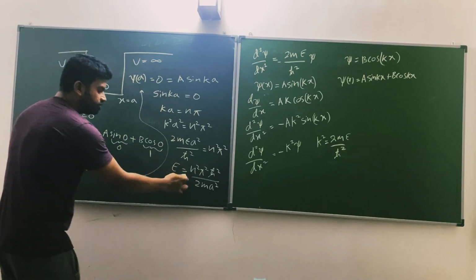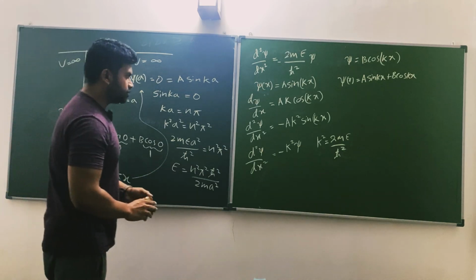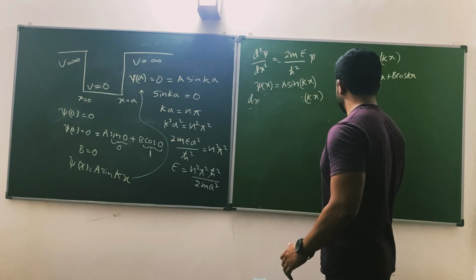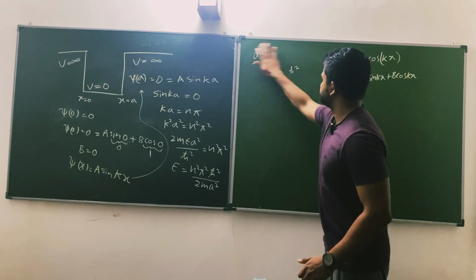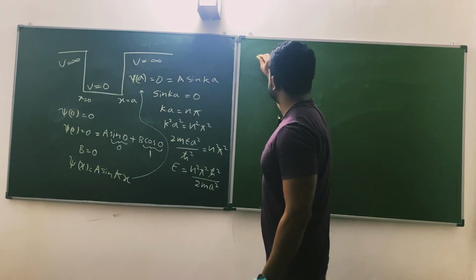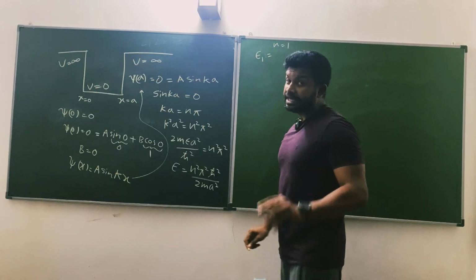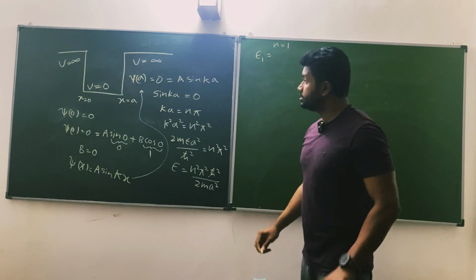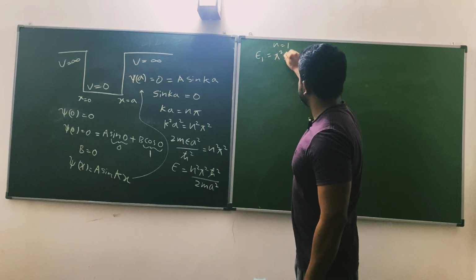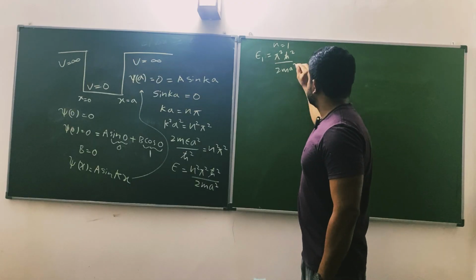So when n equals 1, you get E1. Let me erase this part. I want to show you something very useful and very important. E1, when n equals 1, is exactly the first energy level: pi squared h bar squared over 2 m a squared.